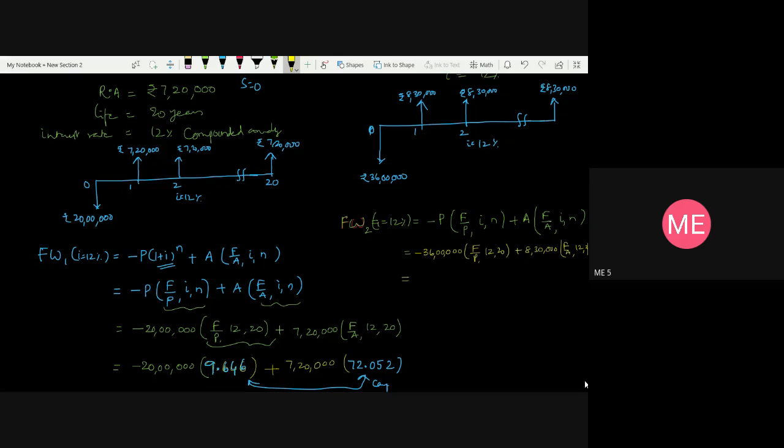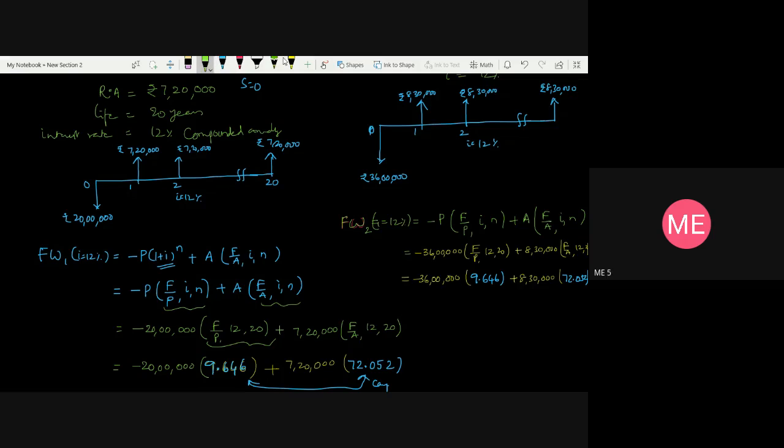So if you look at this, we have to use the factors here. So minus 36 lakhs into 9.646, which is the factor I'm using, plus 8 lakh 30,000 into the factor 72.052. So this is the calculation you need to do.